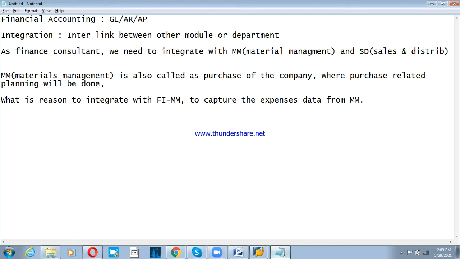To capture the expenses data from MM. What is expenses? The goods they purchased at MM level, we need to capture that data.